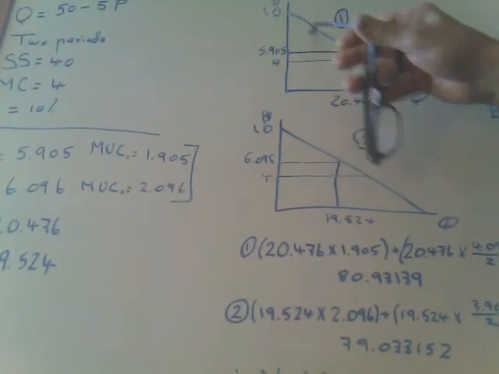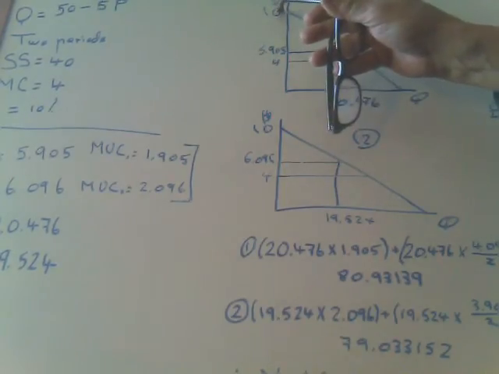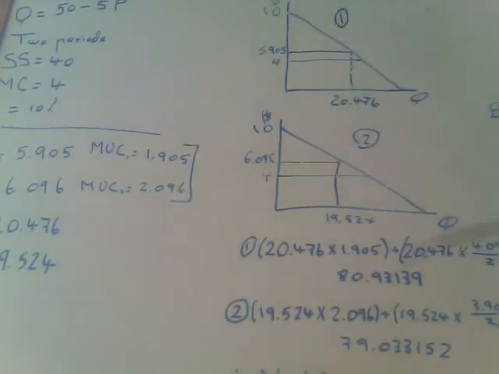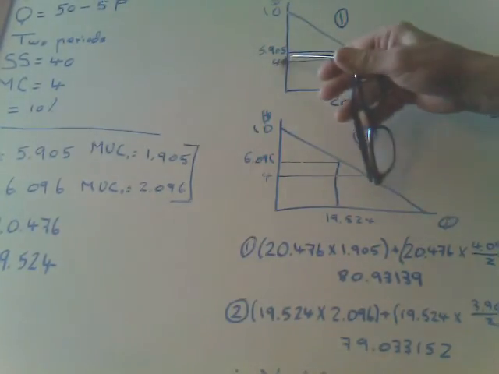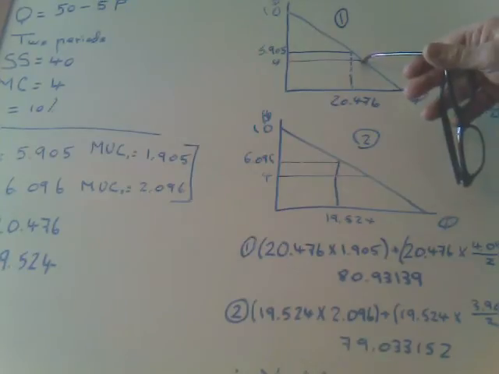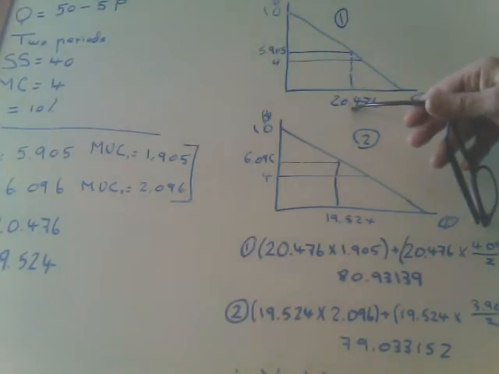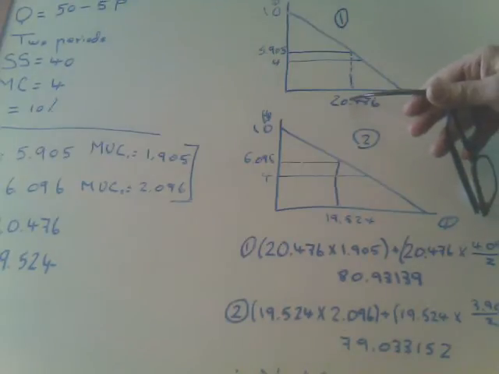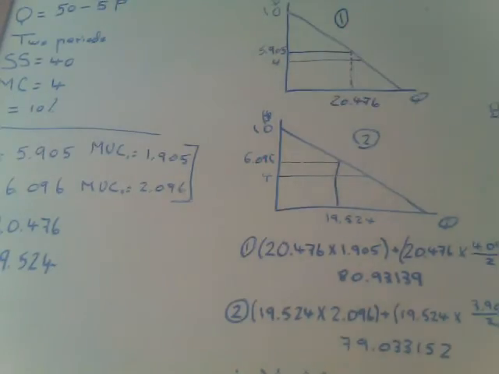Well, remember we have that demand curve whereby this price axis over here, the intersection is 10, and this is 50, right? We have a marginal cost of 4, and then we said that during period 1 we're going to be using 20.476. When the quantity is 20.476, the price is going to be 5.905. So how much is the benefit?